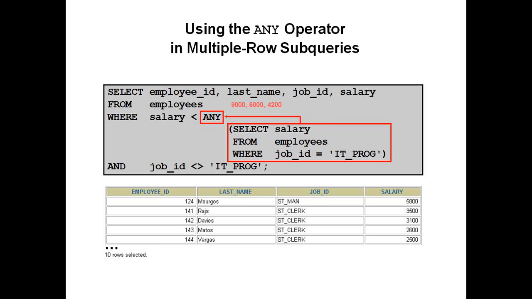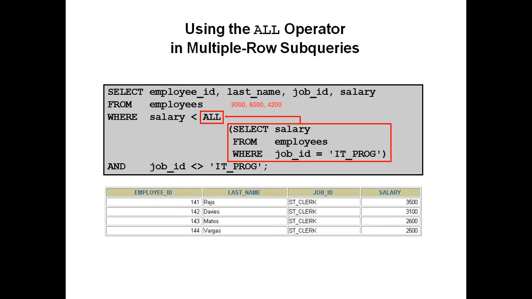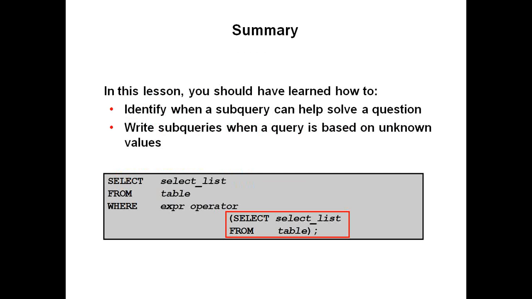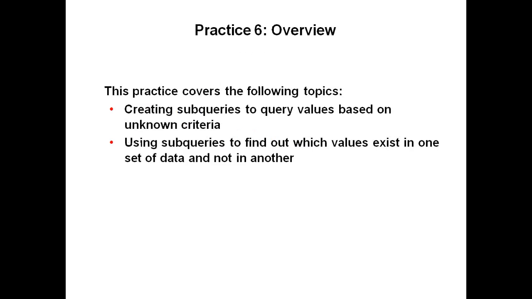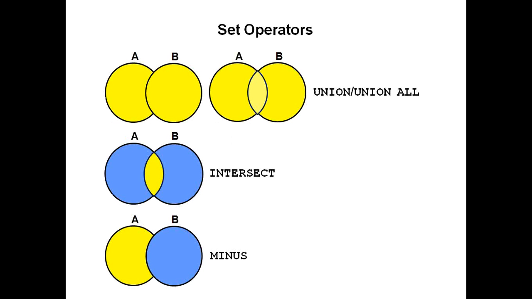Suppose we use the equals to operator, then we would land up with an error, because you cannot say salary is equal to 9000 or 6000 or 4200. You cannot provide all three values at the same time. In the same way we can use the ALL operator and the IN operator also. So that is what a subquery basically does.